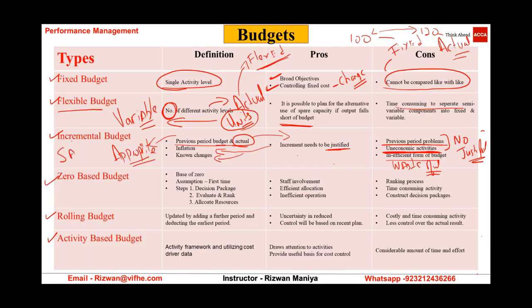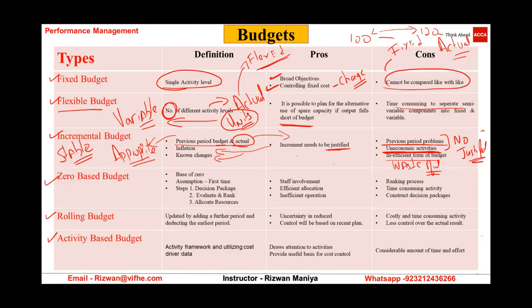You need to remember that the suitability of incremental budget is whenever there is stable condition, because in stable condition, obviously we assume that things will not change if I compare the previous year with the new year for which we are making the budget. So if conditions are stable, that is, if we can rely on the past for the future, we can use incremental budget in that case.